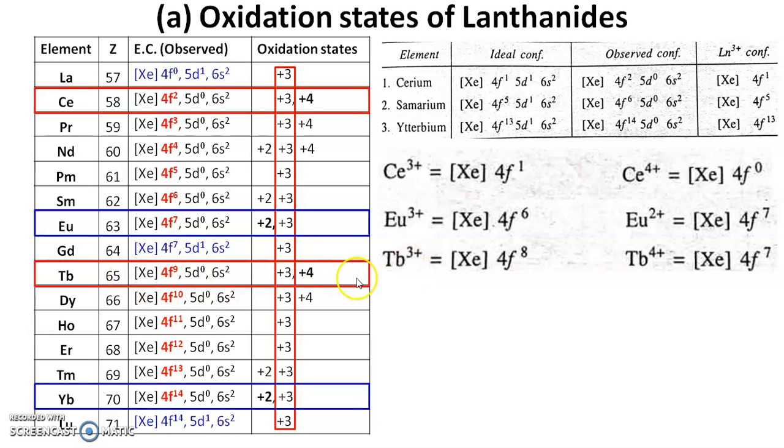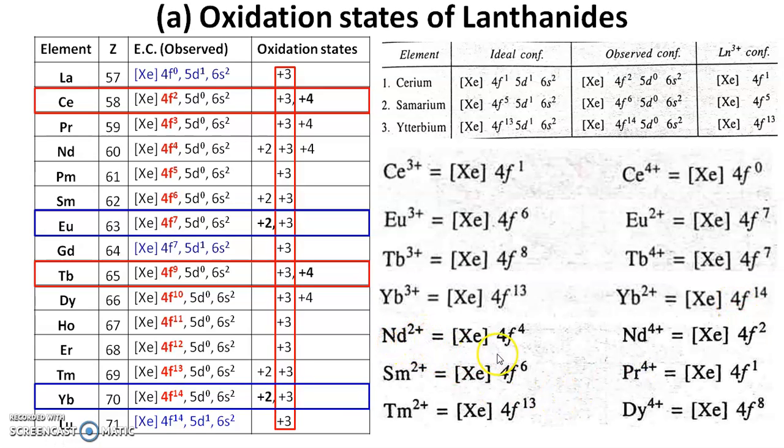In +3 state, it loses 2 electrons from the 6s orbital and 1 electron from the 4f orbital, and therefore its configuration becomes xenon 4f8. In +4 state, its configuration will be 4f7. Ytterbium in +3 state 4f13, +2 state 4f14.